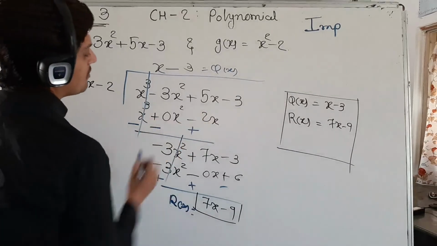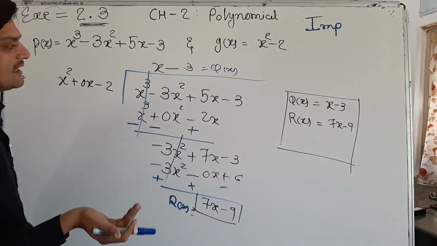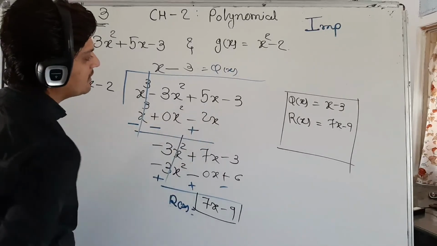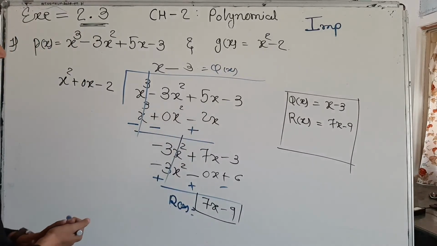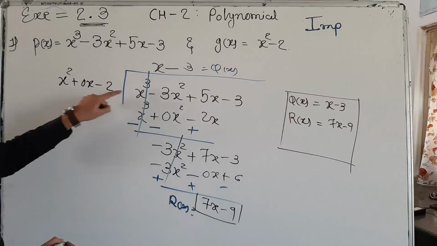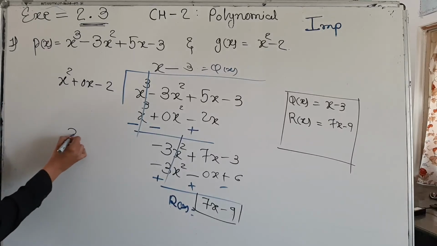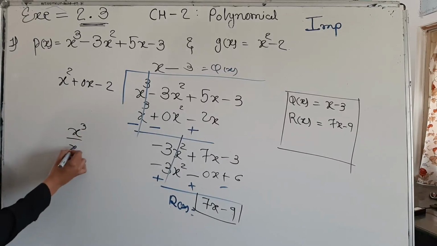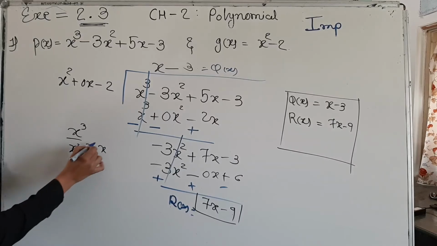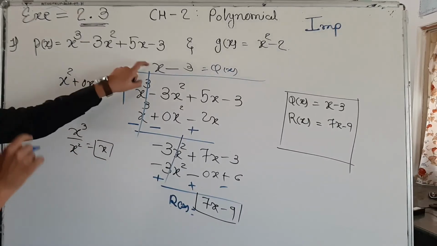Here no power was missed, so I have put it as it is, 3 power, 2 power, 1 power and 0 power, meaning constant. Okay, so now what you have to do, first you have to divide by the first variable, so x cube upon x square, so what will remain? x, so that x you have to write upside.